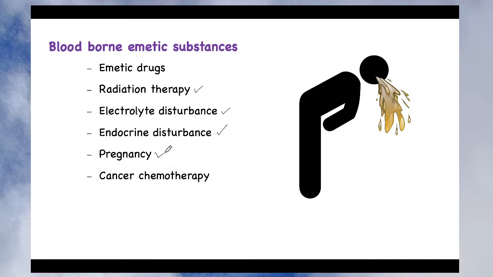Then cancer chemotherapy, the drugs given for the treatment of cancer. And lastly, the chemical emetic substances; if they come in contact with the blood, they are capable of inducing vomiting. Those substances or stimuli are called blood-borne emetic substances.